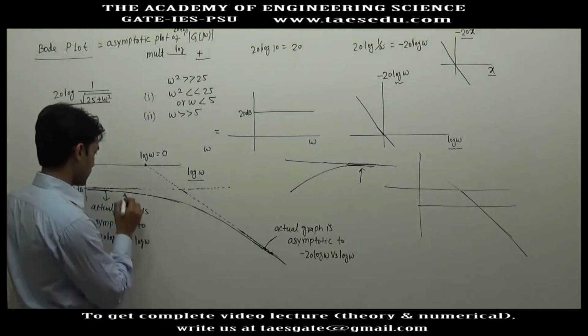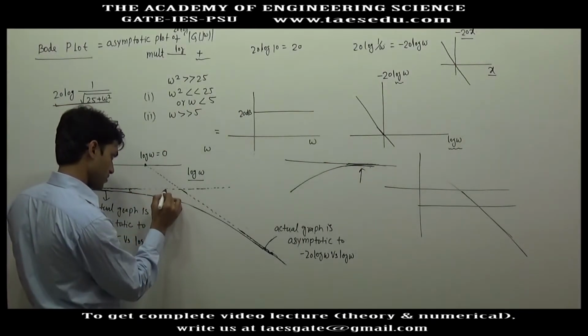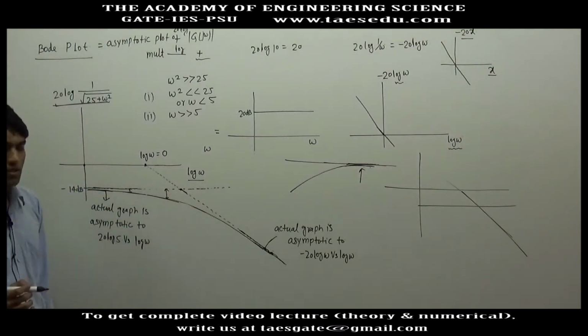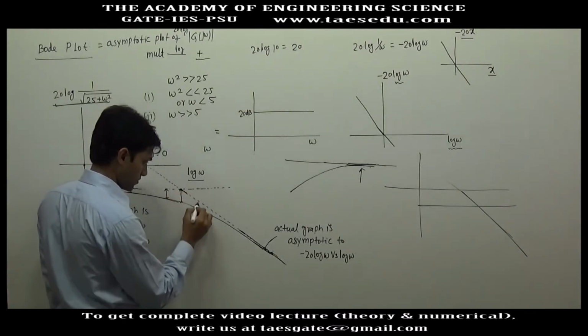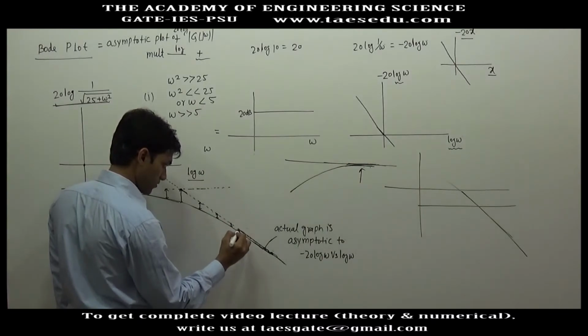And what is the error? Here we will get this much error, here this much error. At the point where the two asymptotes meet, we will get the maximum error, and then the error will keep decreasing.